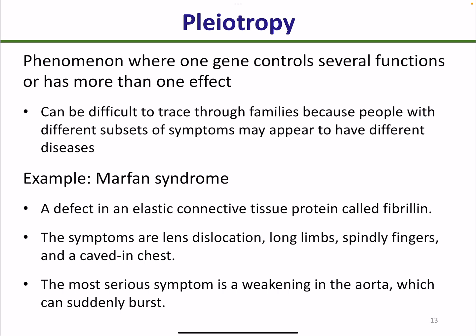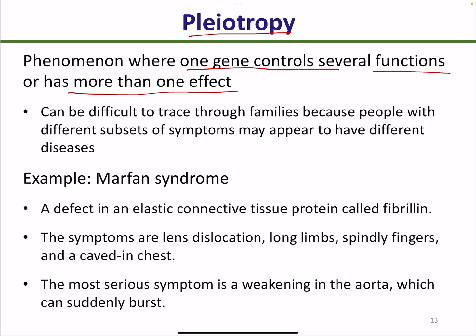Then the other aspect we are going to address here, that tends to alter Mendelian ratio but really does not alter Mendelian ratio, is the case of pleiotropy. In pleiotropy, one particular gene is going to have multiple effects. So one gene is going to control several functions in a person, or has more than one effect.